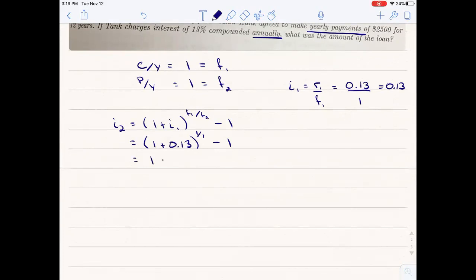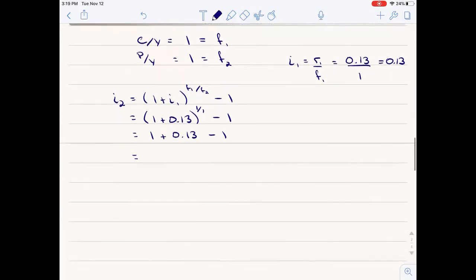That's all to the power of 1 over 1, which is to the power of 1, so that just goes away. Then 1 minus 1 plus 0.13 leaves us with 0.13.